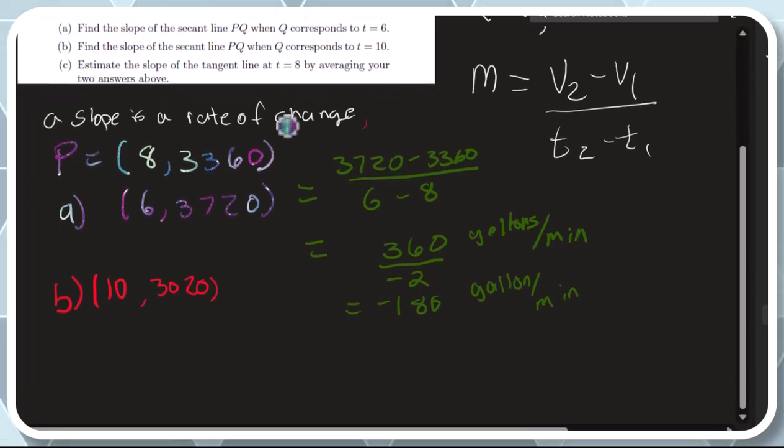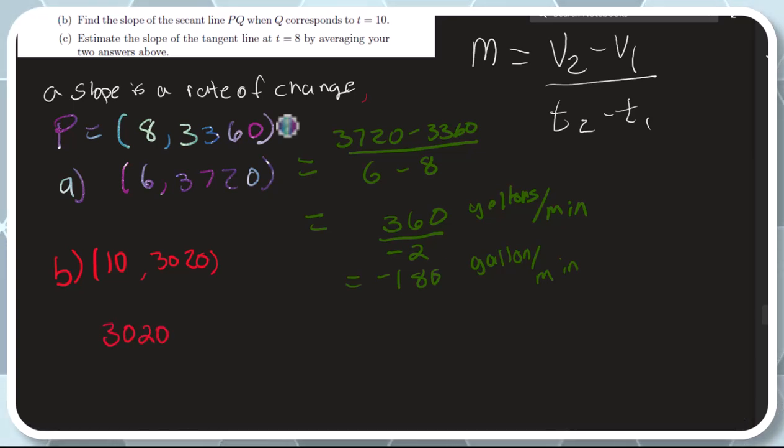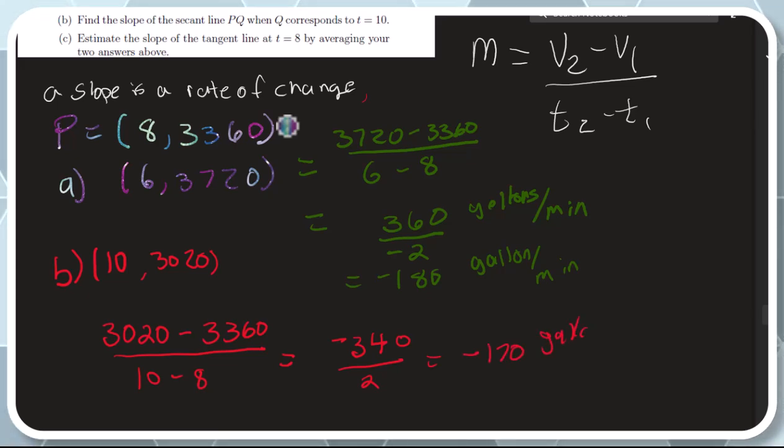We'll find the slope the same way: 3020 minus 3360 over 10 minus 8. This time I get negative 340 over 2, which is negative 170 gallons per minute.